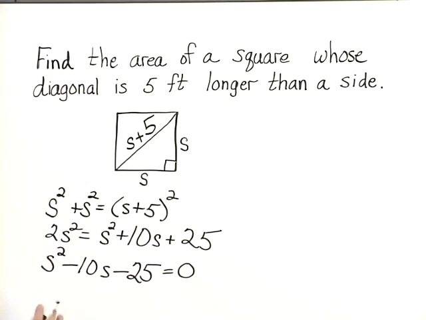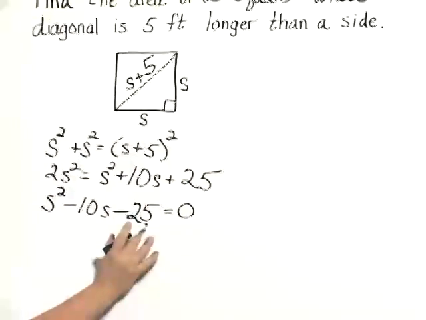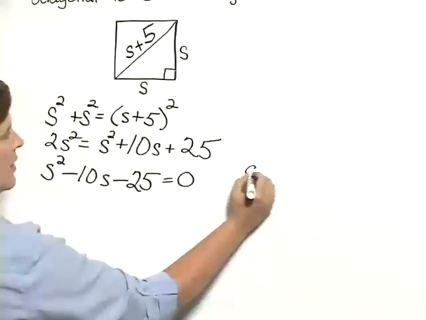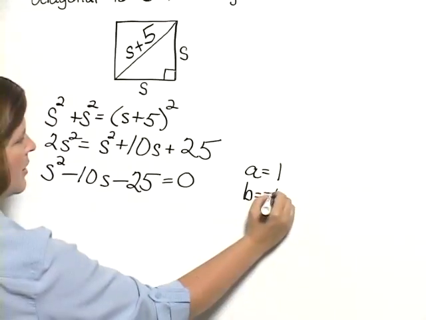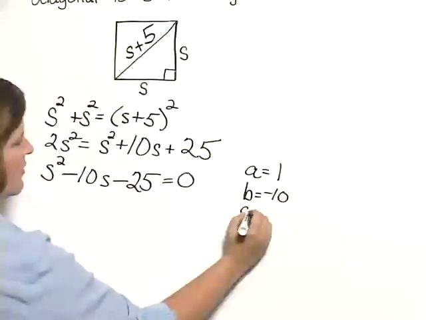We can use the quadratic formula now to solve this for S. We have A is 1, B is negative 10, and C is negative 25.